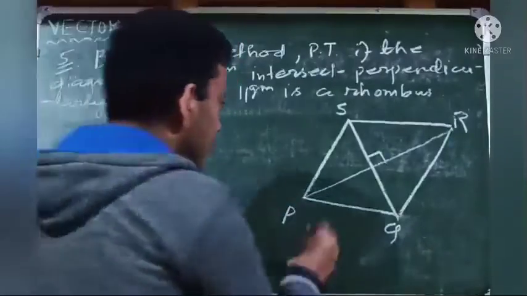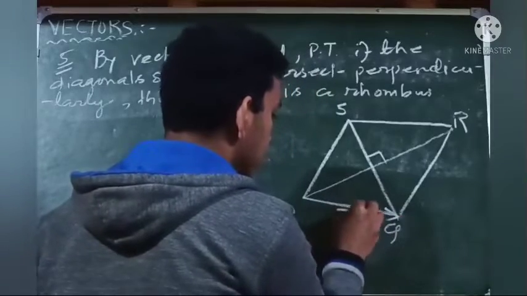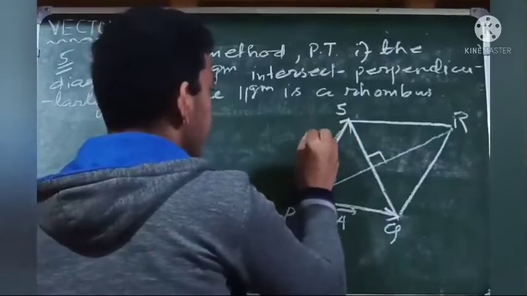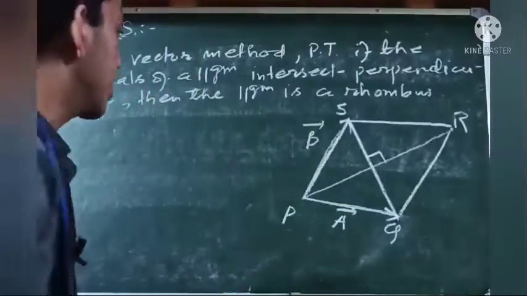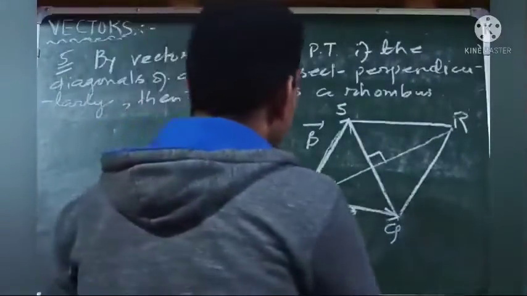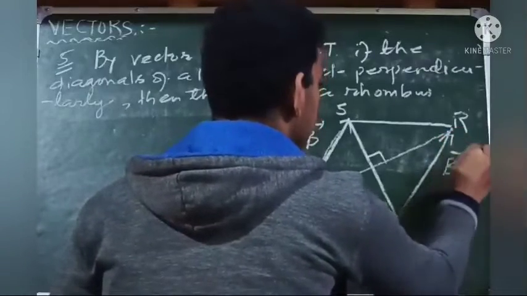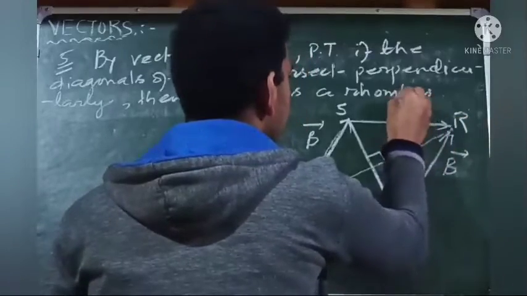So let us assume this PQ as A vector and this PS as B vector. We have to prove this using vector method. So we are assuming these two vectors. Then if this is B vector, then this is also B vector, and if this is A vector, then this vector is also A vector.